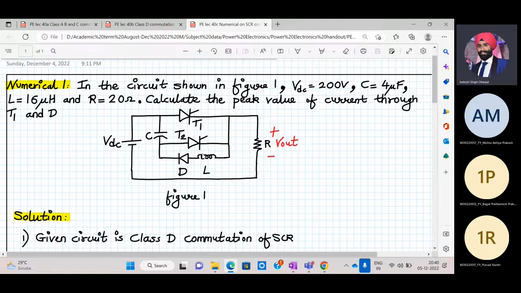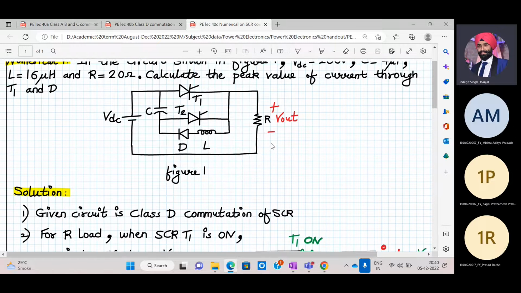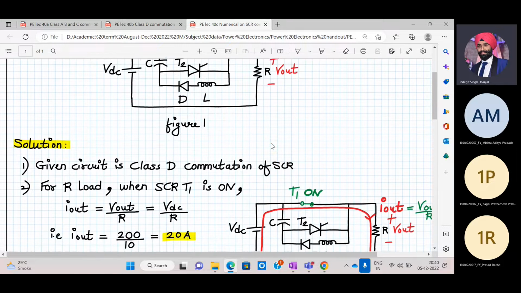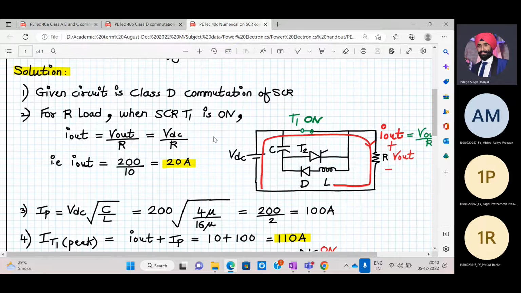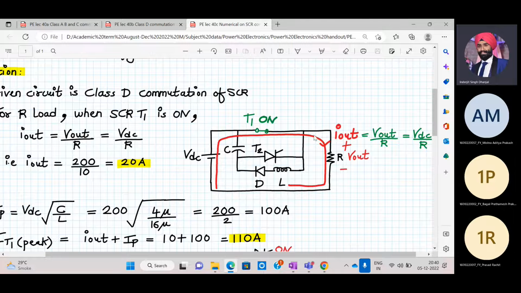The arrangement of components might be different. In the earlier circuit we connected L and C in one place, but here it is connected over here. It means one and the same only. So how will we solve this? The given circuit is the class D commutation of SCR. So for a resistive load, let's consider T1 is on. T1 is the main SCR. So when T1 is on, what happens?